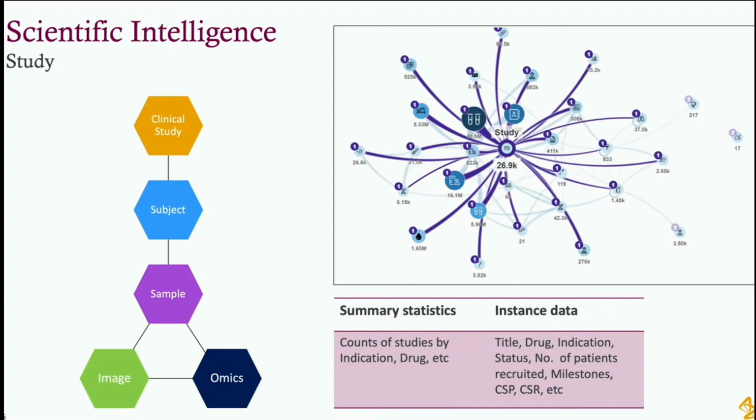And you can see the graph here, and at the study level, we have basically summary information about the study and information specific about the study.